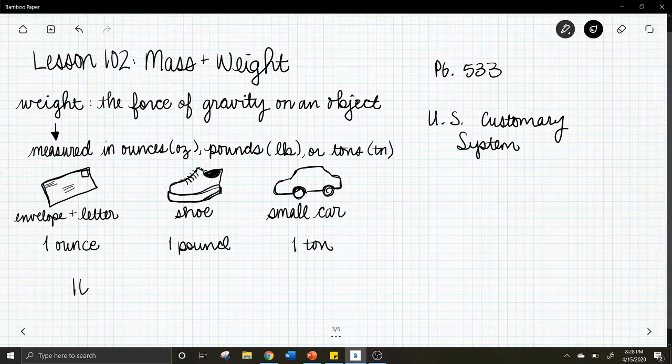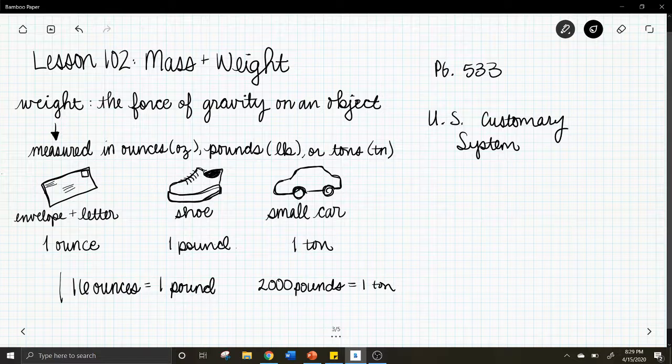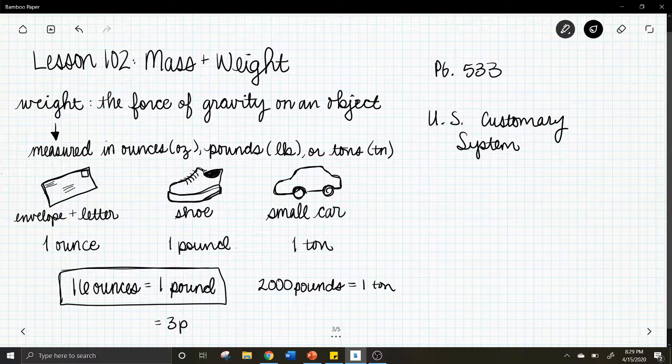So 16 ounces equals 1 pound. So it's not like just multiply 16 by 10 and you get how many pounds it is. It's very different. And then 2,000 pounds equals 1 ton. So this is how we're going to figure out, say we had something that weighed 3 pounds and we wanted to know how many ounces it was.